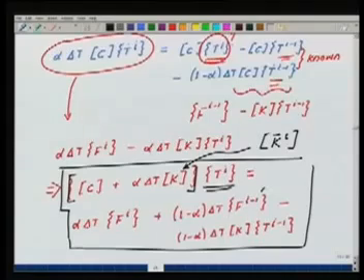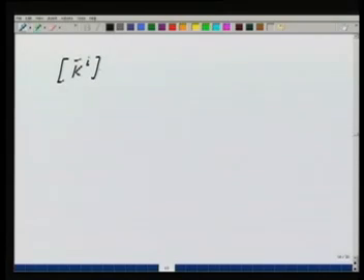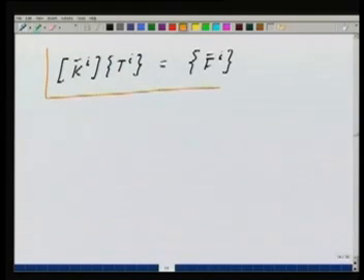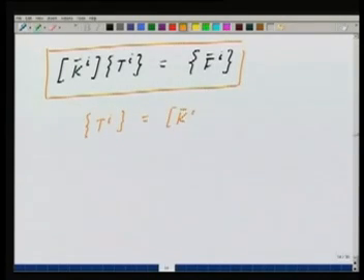So this whole thing will become F bar at station I. So we will write K bar at station I into T at station I is equal to F bar at station I. So this is the system of equations we have to solve, and then T at station I is equal to K bar at station I inverse into F bar I. Okay. So this is how we are going to solve the problem.